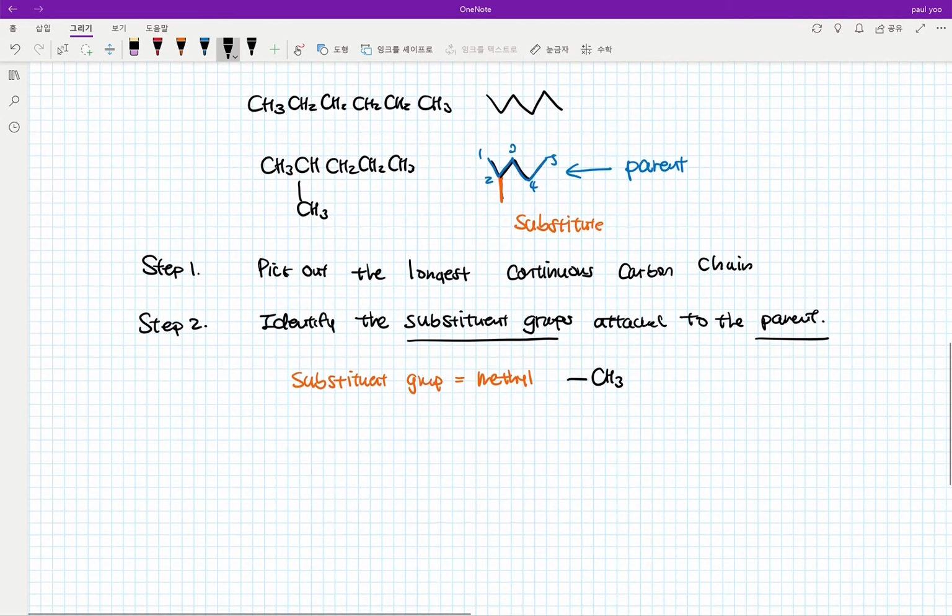And this is equivalent if you happen to draw or find your longest chain as 1, 2, 3, 4, 5, that is still pentane, the parent group, and that will be your substituent group, methyl. So they are exactly the same structure.